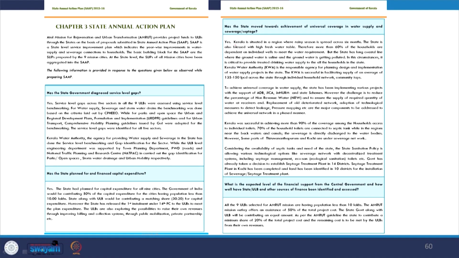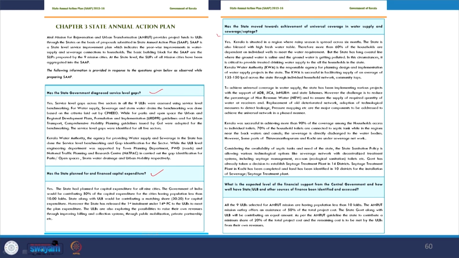Further, we see that the State Annual Action Plan is prepared and the following questions are listed. When they are reviewing the need of the place, they follow a certain process. These questions they answer: has the state government diagnosed service level gaps? Has the state planned for and financed capital expenditure?